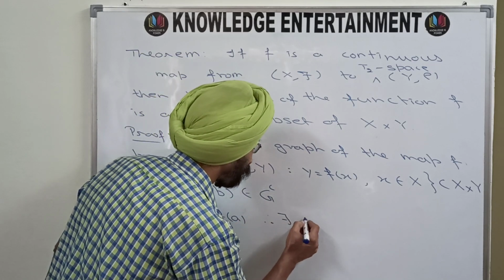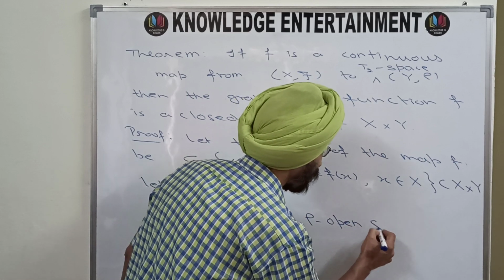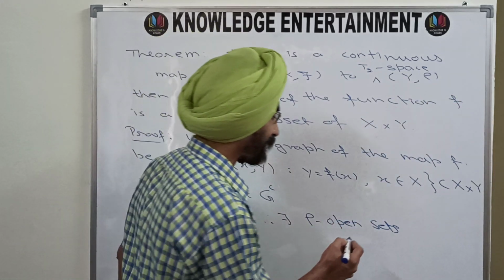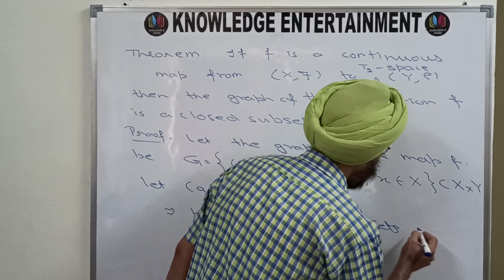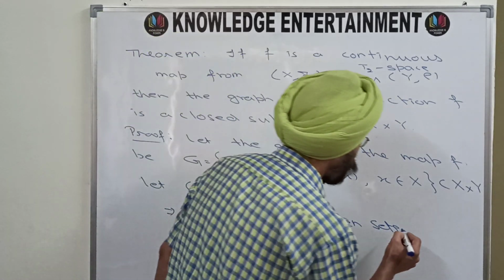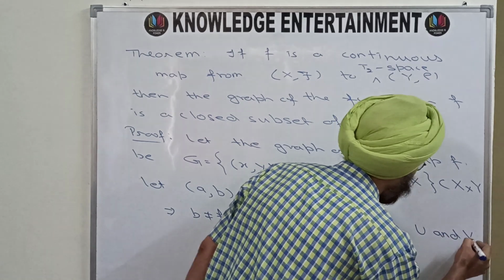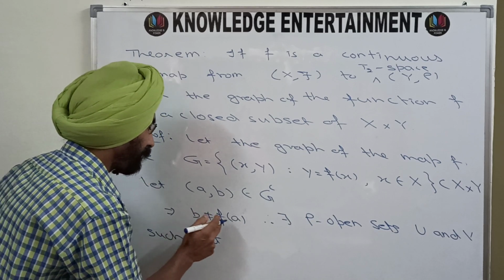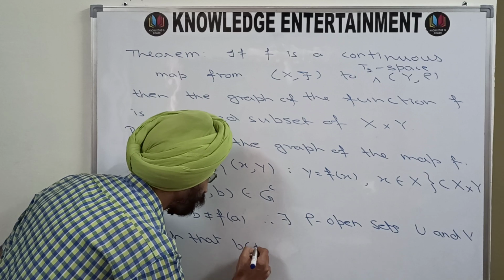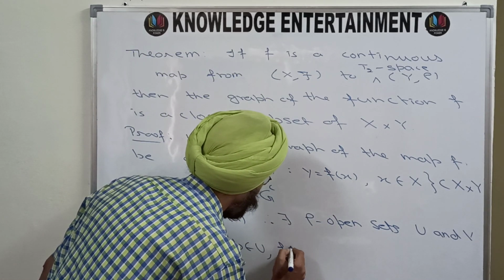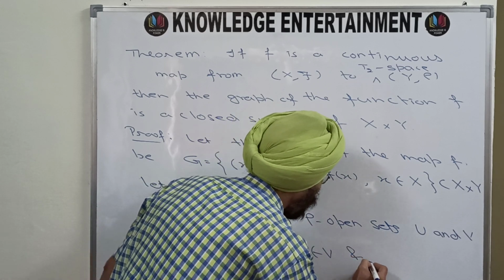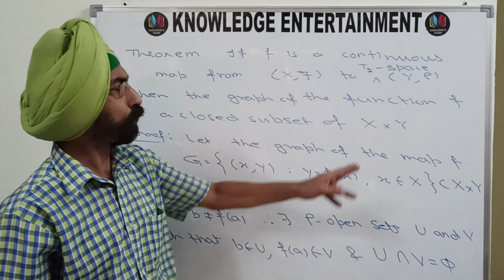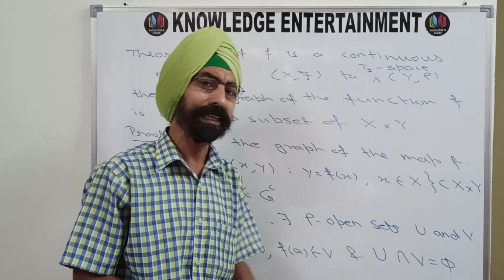Therefore, there exist ρ-open sets, because the topology of Y is ρ. Call them U and V, since I cannot take G again because G I am already using, such that b is in U, f(a) is in V, and the most important thing, U intersection V is phi, because of the property of Hausdorff space. These two open sets must be disjoint.